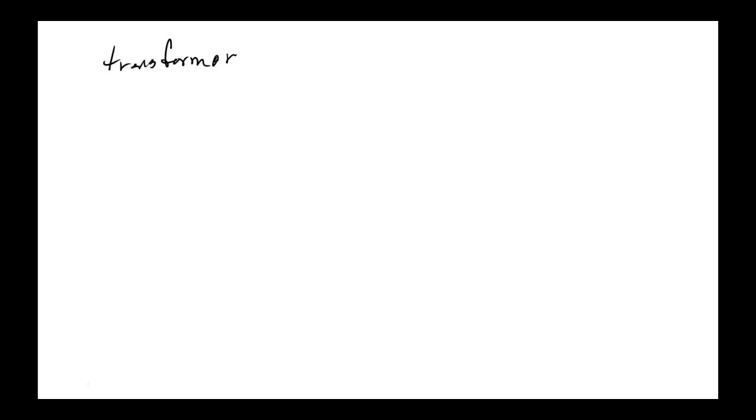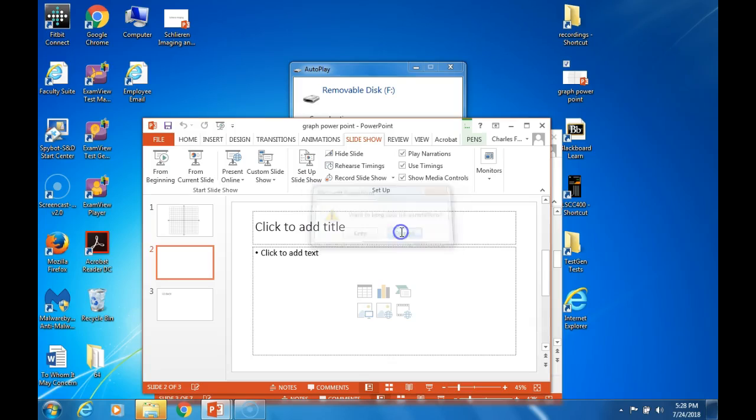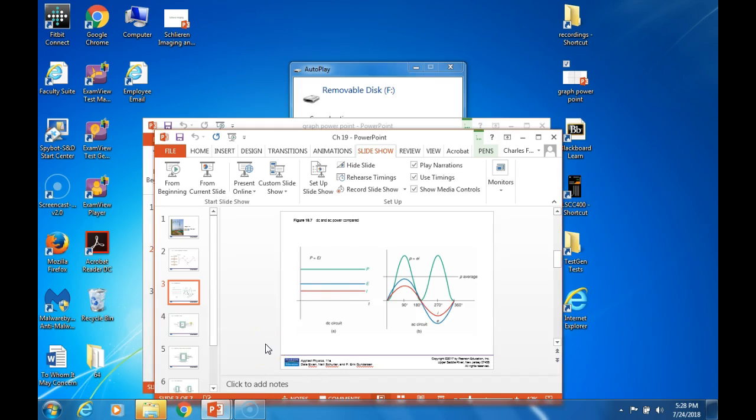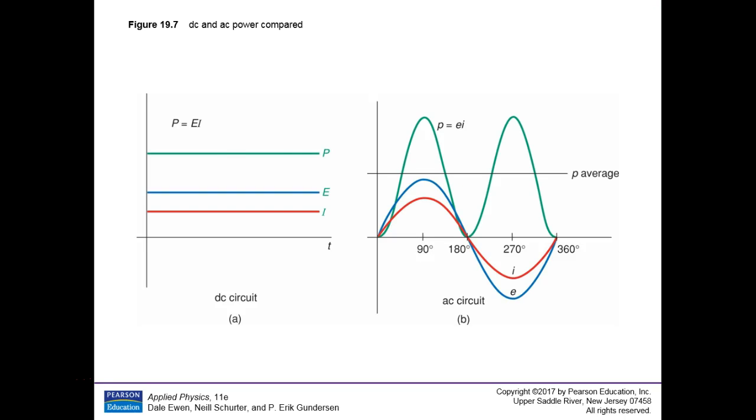Okay, a transformer consists of 2 coils of wire wrapped around an iron core, shown in the figure. And maybe I should bring that up. So let me do that. All right. Now, we sort of zoomed right on past this slide. We'd already talked about it before.